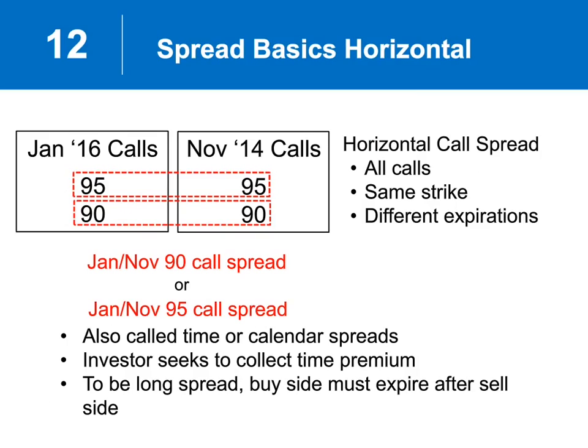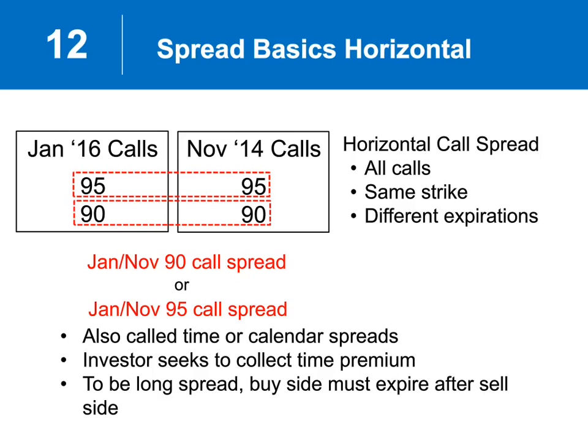A horizontal call spread, on the other hand, as its name implies, involves only calls. They will have the same strike price, but different expiration dates. We have examples here of a January-November 95 horizontal call spread, or a January-November $90 call spread.